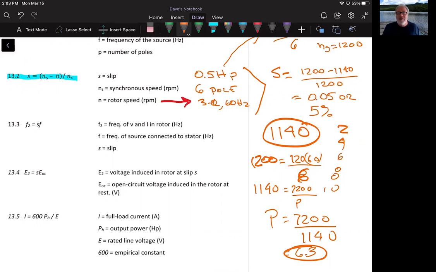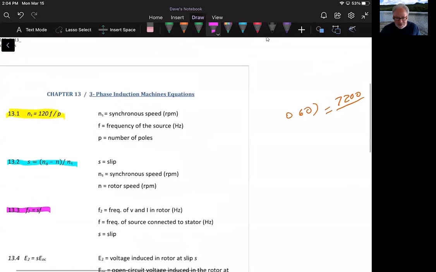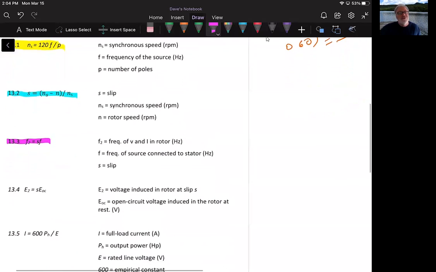All right, now let's look at the third equation. Okay, for the third equation, it says 13.3: F sub 2 is equal to S times F. All of these usually start with number 1, synchronous speed, which usually goes into 13.2 with slip.